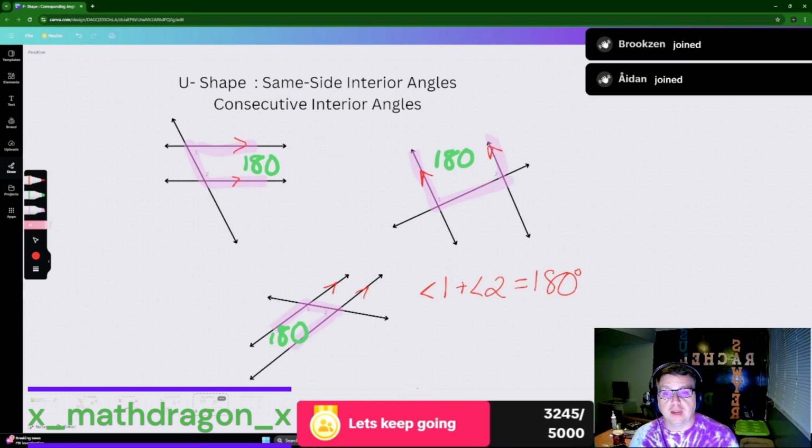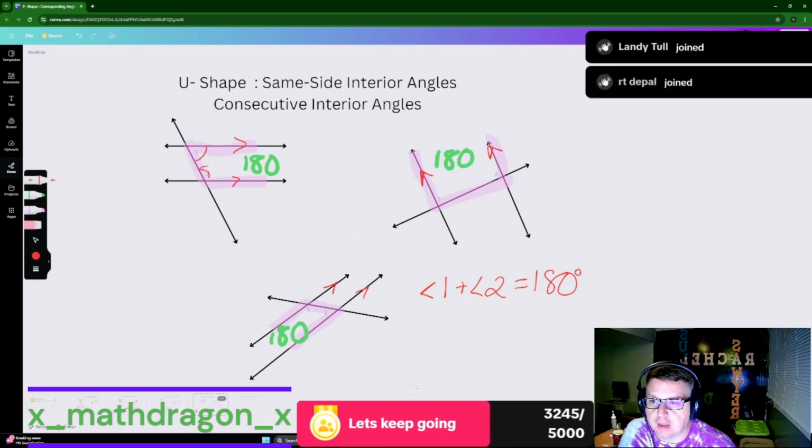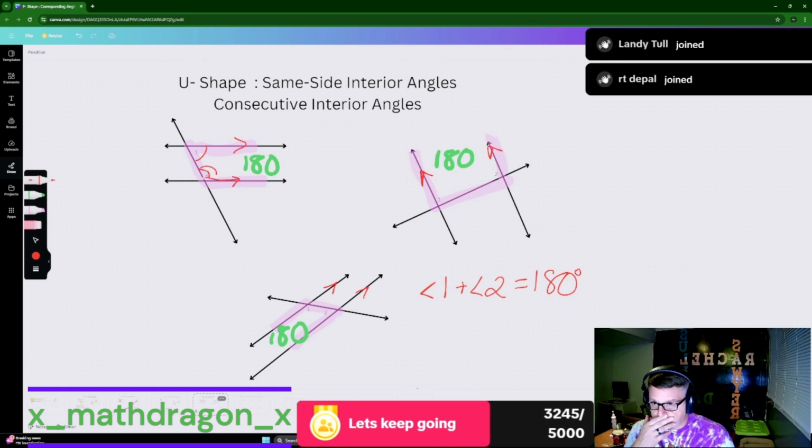They're the same side interior angles are equal to 180. They used to call them consecutive interior angles because they are next to each other. They're consecutive in order. They have since changed that. I don't know when. Somebody decided they like same side interiors. But I will always refer, at least for people's knowledge, that they are also consecutive interiors because that's how I learned it.